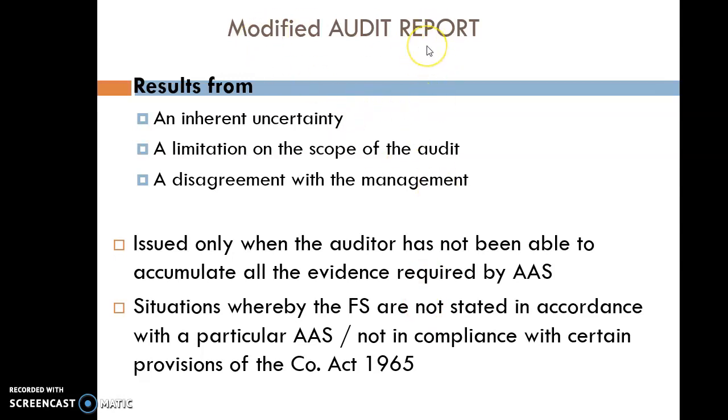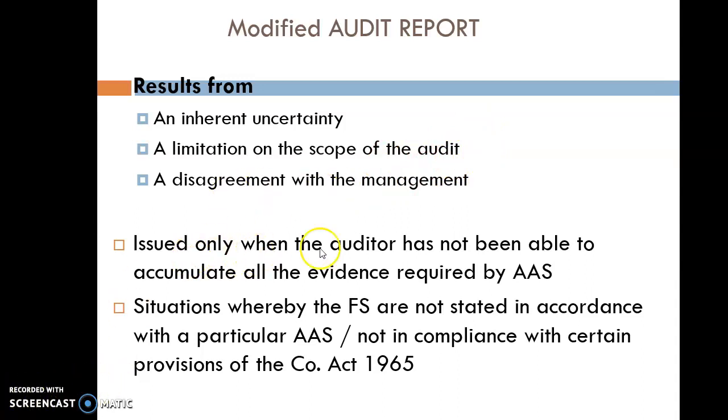Modified audit report. The second type of audit report is the modified audit report. A modified audit report results from inherent uncertainty, where there is the existence of risk that the auditor cannot detect, and the limitation of the scope of the audit and disagreement with the management.